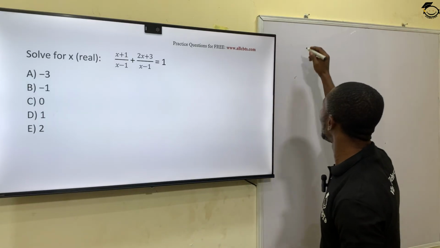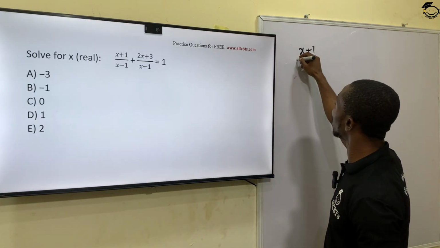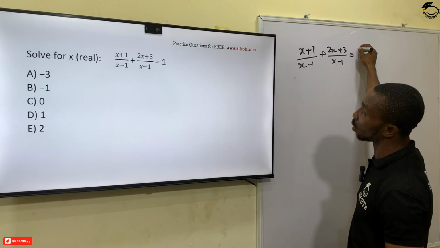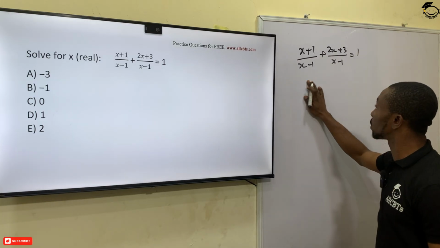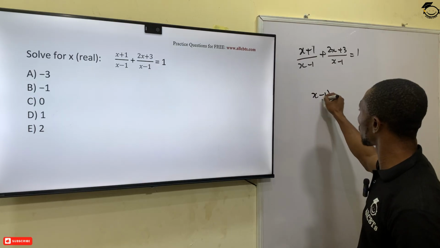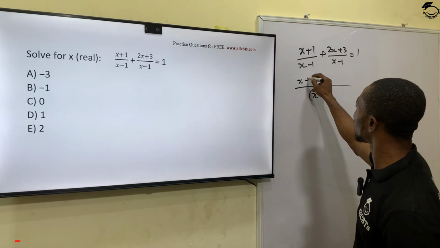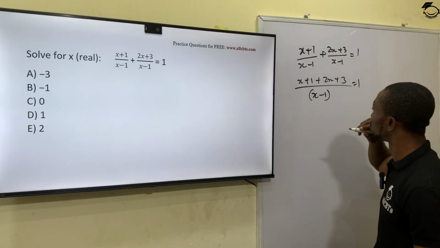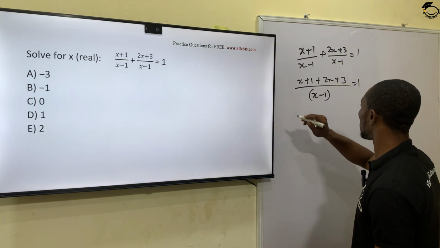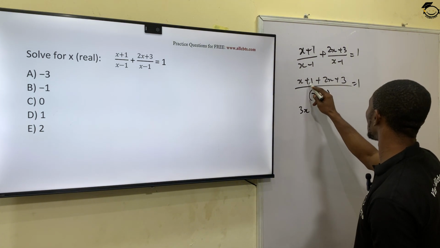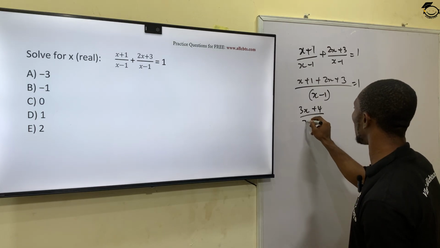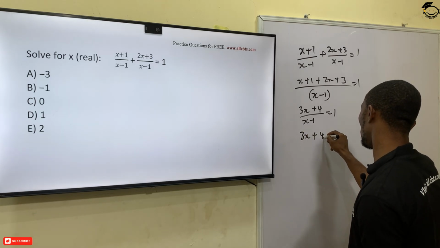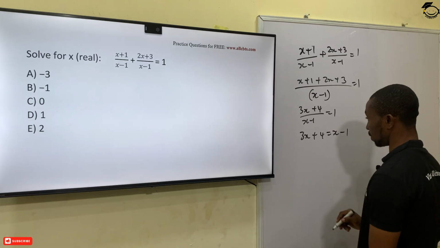Solve for x: x plus 1 all over x minus 1 plus 2x plus 3 all over x minus 1 equals 1. Since we have a common denominator, we will have x plus 1 plus 2x plus 3 all over x minus 1 equals 1. Collecting our left hand side, we have 3x plus 4 all over x minus 1 equals 1. So cross multiplying, 3x plus 4 equals x minus 1.